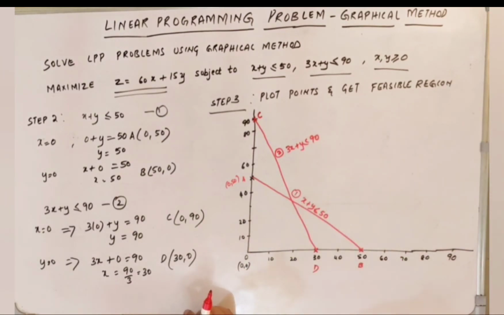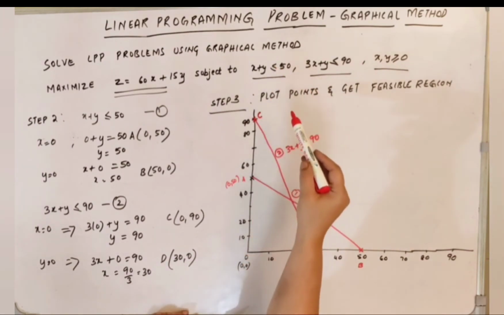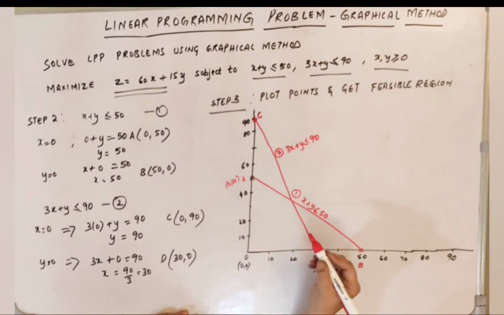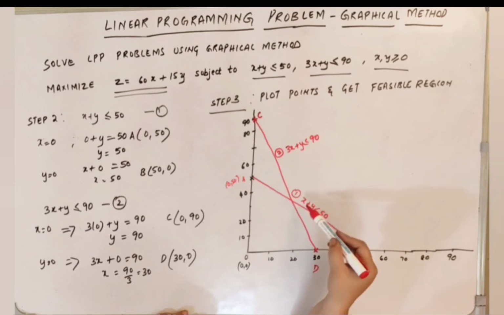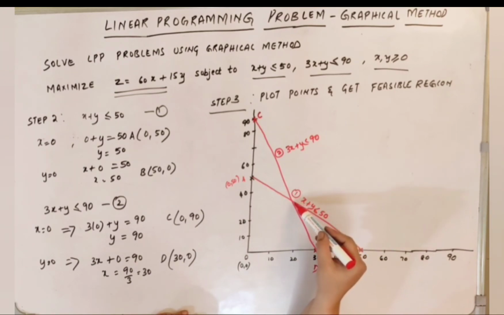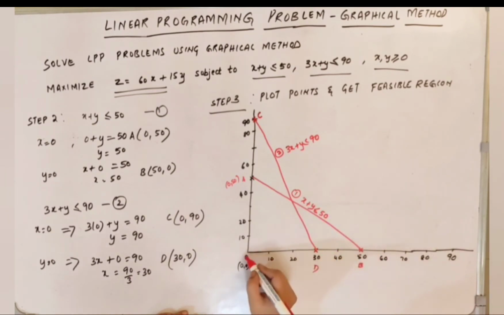Now there are three things that we have to remember here. Whenever the constraint has less than, we'll have to shade. Now we'll have to do the shading, right? We'll have to do shading for each of the constraints. Let's take the first constraint, that is x plus y less than or equal to 50. Since there is less than or equal to, the shading will be inwards towards the origin.